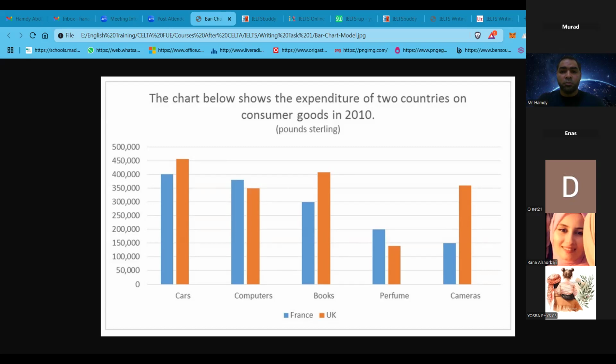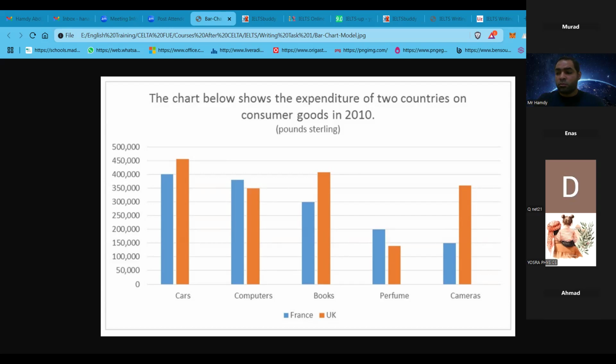Products. Okay, who's going to help me with the key point? Yes, okay, go ahead.